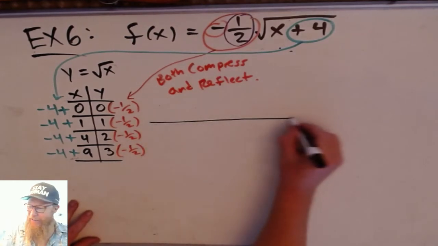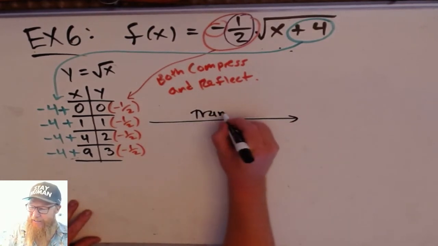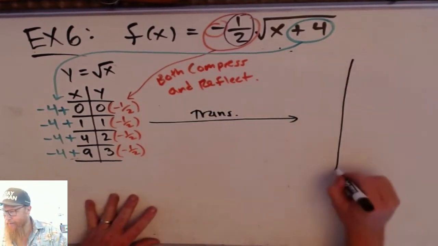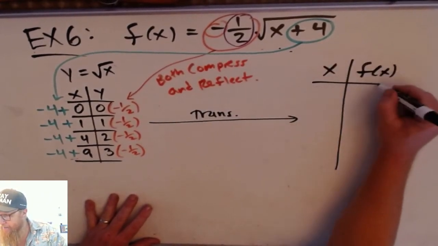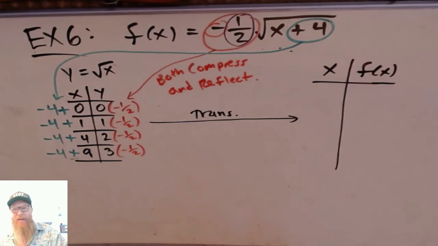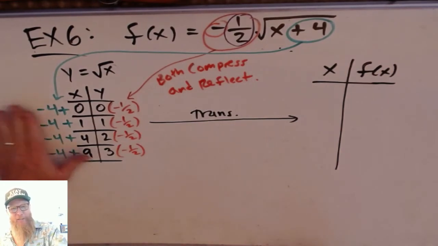All right, now it's going to go through the transformation. And this function has a name. Its parent gave it a name, f of x. All right, so let's just go through these.